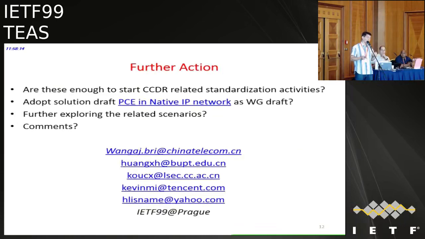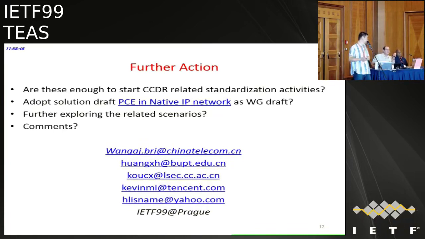So for further action, we hope to move this work forward and define some standard way to do PCE in native IP network. And we request PCE in native IP network as a working group draft. We also welcome more comments, suggestions, and more scenarios.